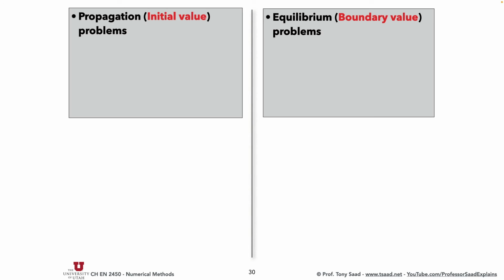What happens? Okay, I know the initial population of lobsters. Go. What happens? Okay, I know the initial concentration in a pot. I'm adding heat to it or adding some reactants to it. Go. What happens? Okay? So that's an initial value problem. It only depends on the state of the system at that initial time.